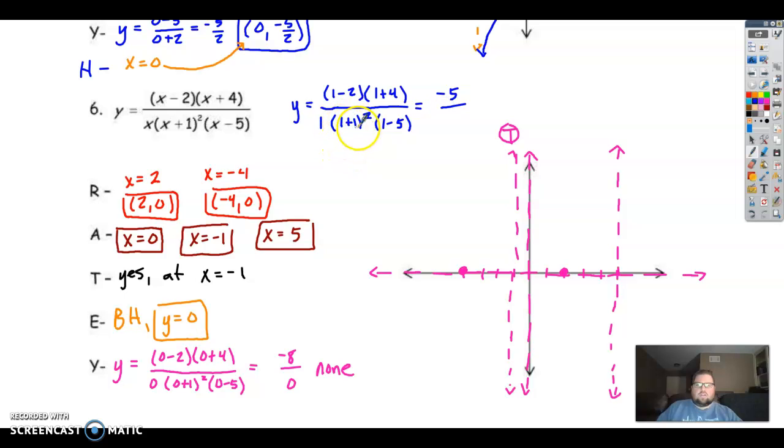And then this is 2 squared is 4 times negative 4 is negative 16. So that's positive 5 over 16. So at x equals 1, I get 5 over 16, which is pretty close to a third, so just a little above there. Alright, and that's enough to help me graph this entire thing.